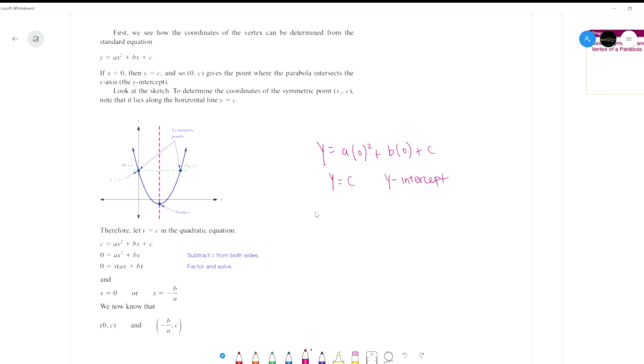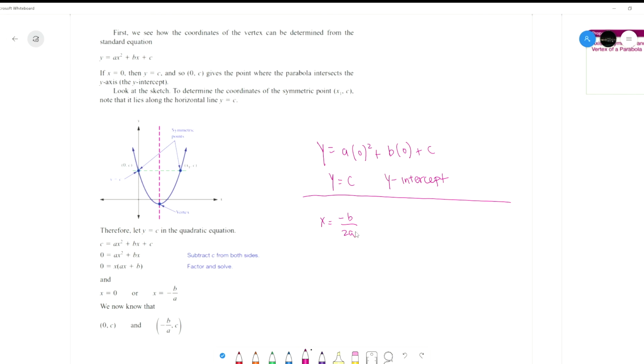And the vertex, the way we get the vertex, right, is by using this formula here. x is equal to negative b over 2a. So if we take our a, b, c, remember this has to first be set equal to 0, which it should be. It's going to be given to you in either y equals or function notation.